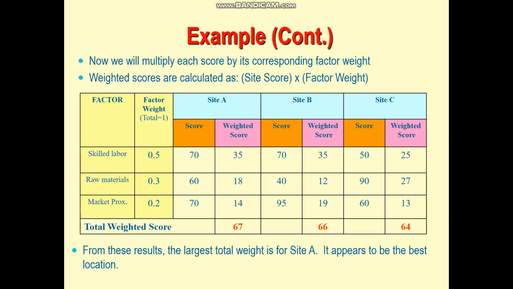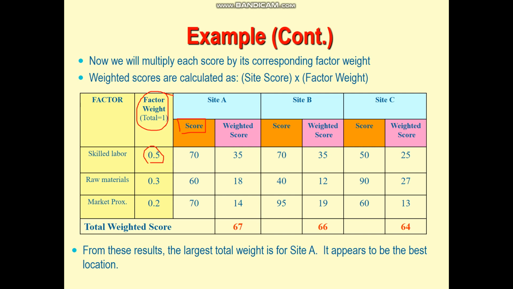And then we have the weights. We go through the second step: we determine the weight and we determine the score for each site, for each factor. And now we calculate the weighted score for each site by multiplying the factor weight with the score.